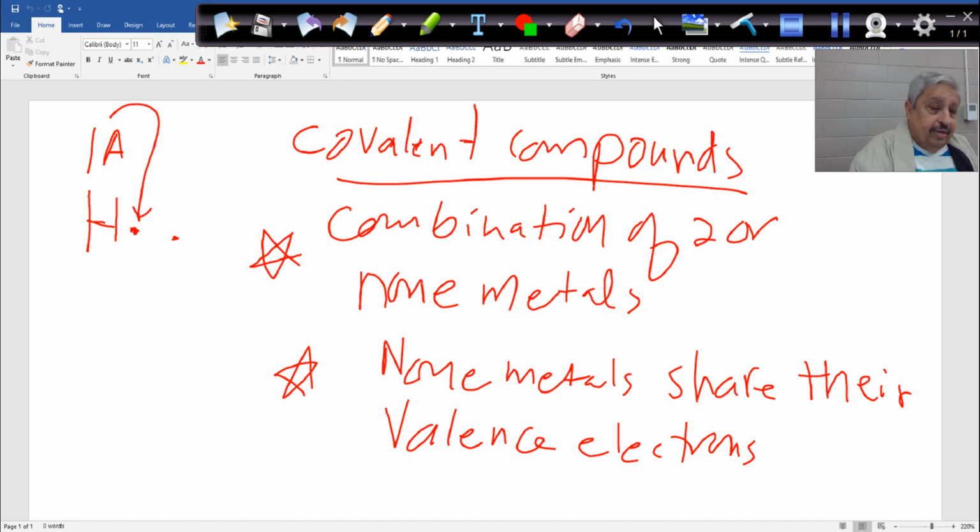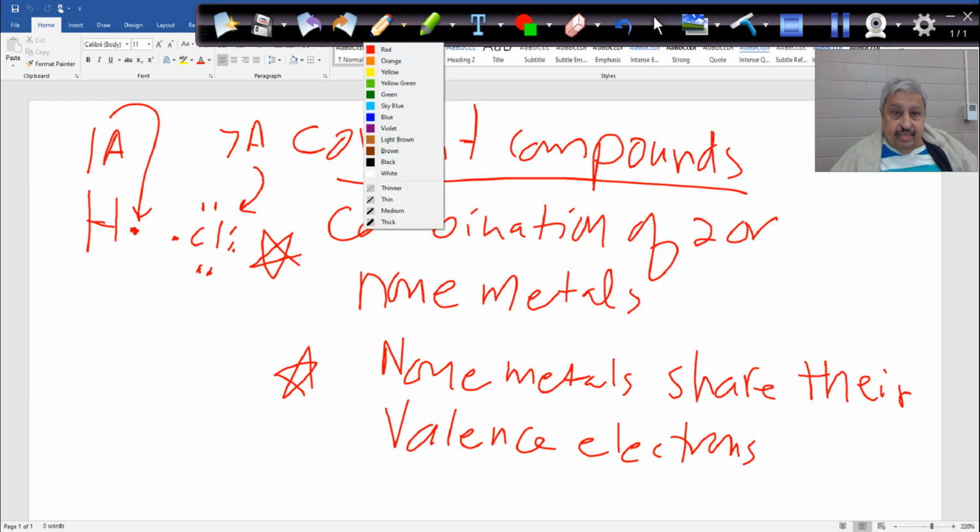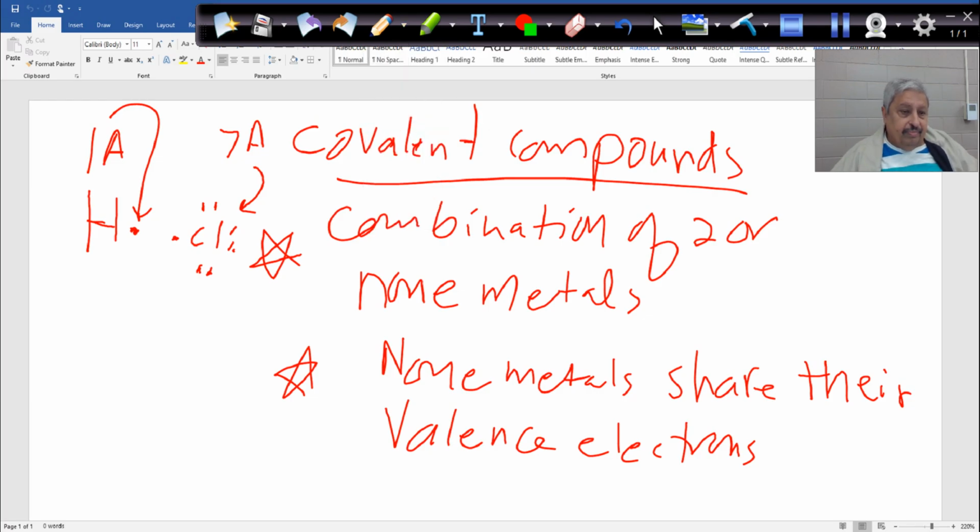It combines with chlorine, which is 7A, so its valence is 7. There are no ions there, but we'll look into this here. So what happens is these 2 nonmetals combine by sharing, a single bond. They are sharing their valence electrons. Those 2 electrons belong at the same time to the chlorine atom and to hydrogen.